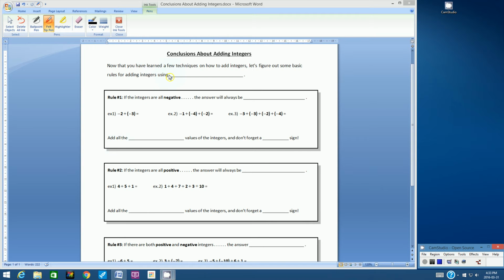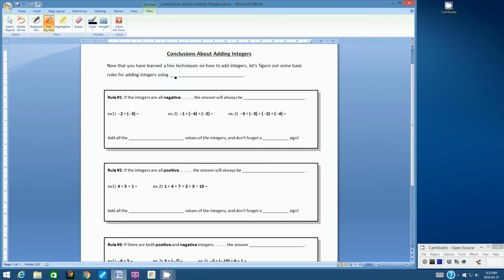Now that you have learned a few techniques on how to add integers, let's figure out some basic rules for adding integers using mental math.